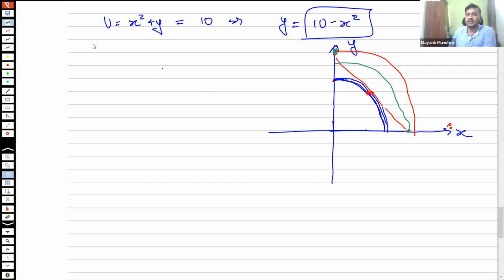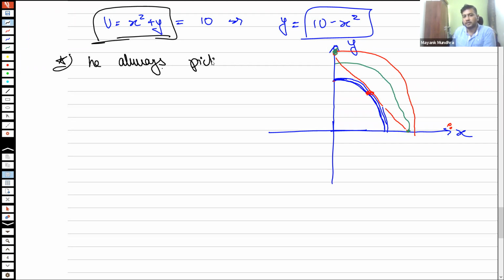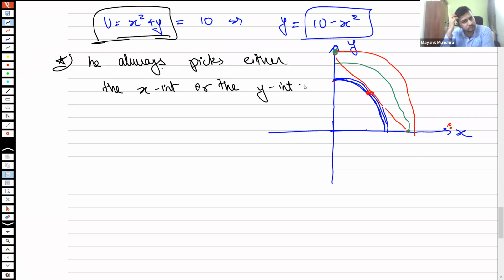So how do I find what intercept he's going to pick? The first thing to identify is that he always picks either the x-intercept or the y-intercept.